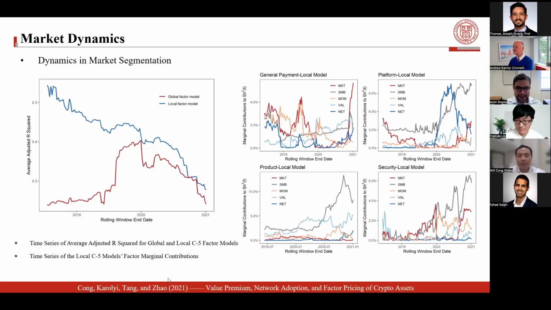So that rise in mid 2019, and then the fall off, corresponds to the blue line on the platform local model, the top right. Top right here. Yeah, so it's dead here. And then look at how much it picks up in 2020, the importance of network effects on the platform model.